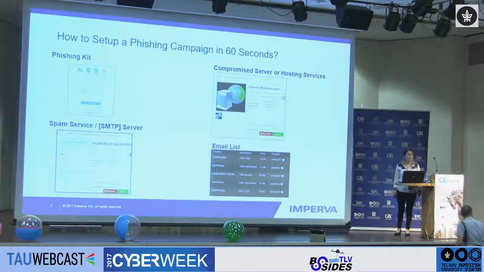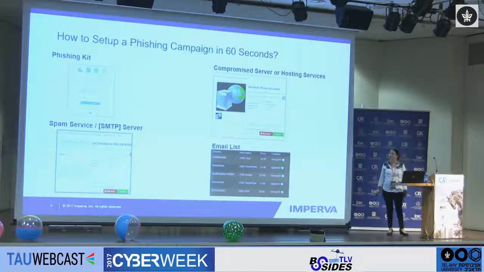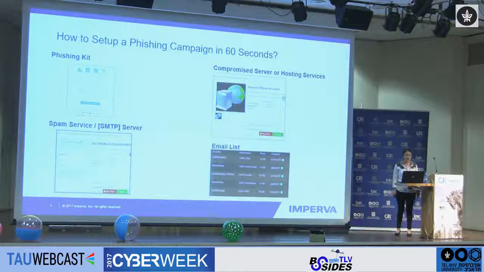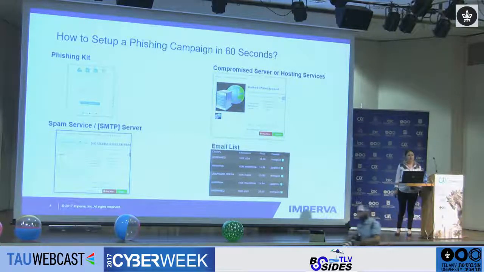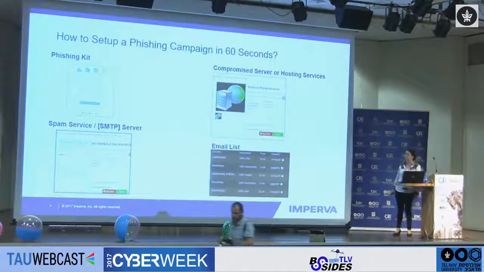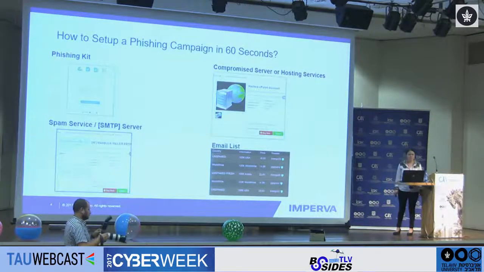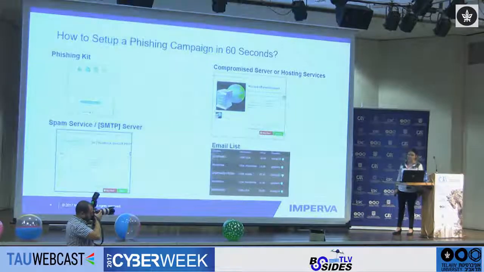So how to set up a phishing campaign in 60 seconds? To achieve this goal, we will need the following components. A phishing kit, which includes the necessary files to create a copy of target websites and steal information from the victims. A compromised server, or hosting services to host the phishing pages.